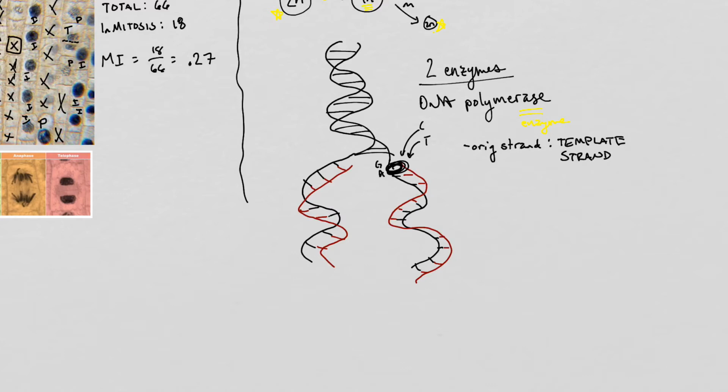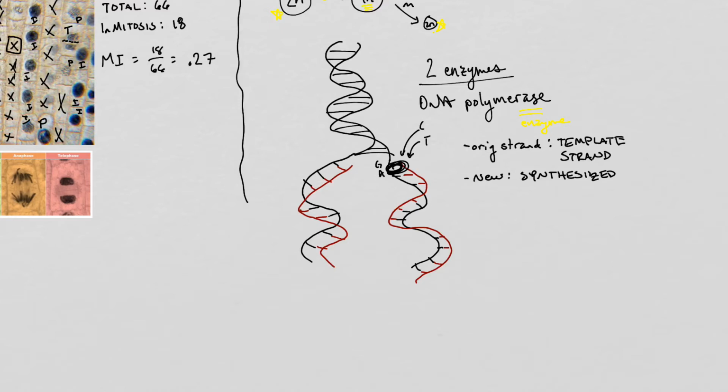So if it sees a T, it's going to use that template to make an A. And the new strand is the one that is synthesized or made. It uses the normal complementary base pairing rules. And by using the original strand as the template strand, you can be sure that the new strand is an exact copy of the old strand. And that's really, really important.